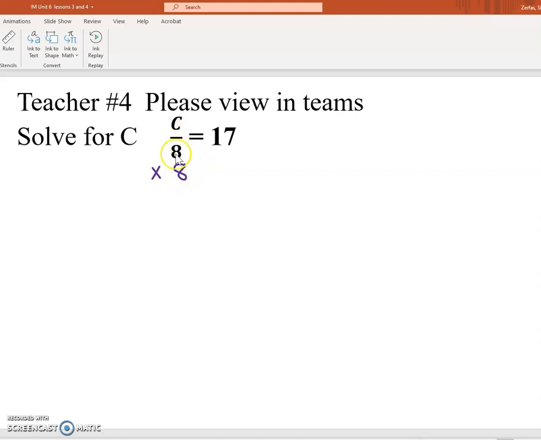Again, dividing by 8 and then multiplying by 8 will cancel each other out, leaving C by itself. So let's multiply the right-hand side also. And I get C equals 136.